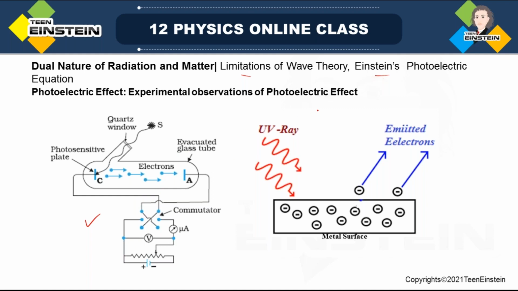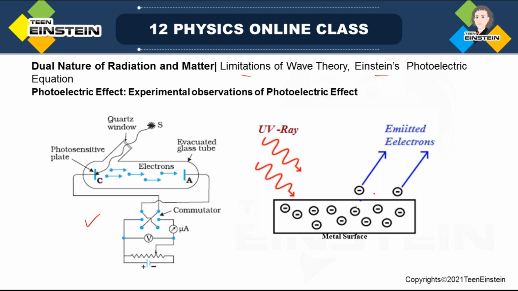So basically, what is the photoelectric effect? If we irradiate a metal surface, here a UV ray is shown, but not always UV ray, various rays for various metal surfaces. If we irradiate with some radiation, then emission of electrons happens from the metal surface.